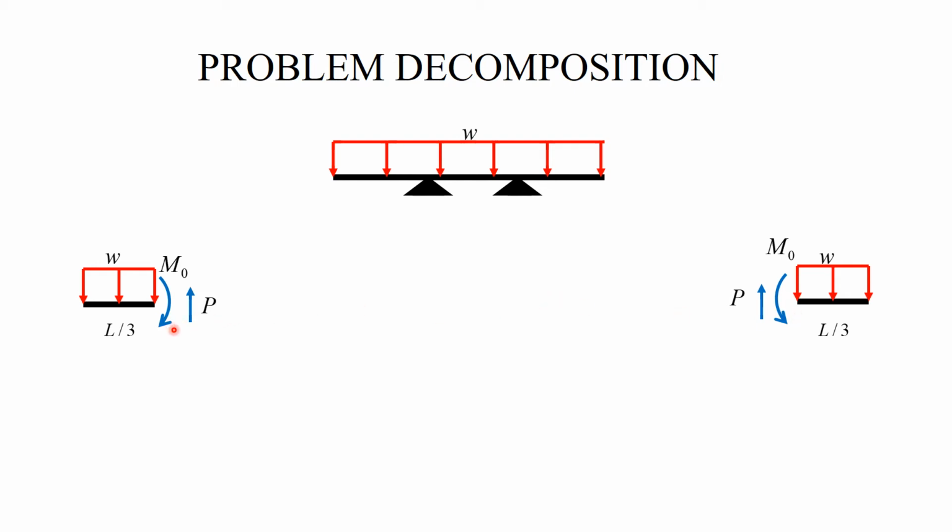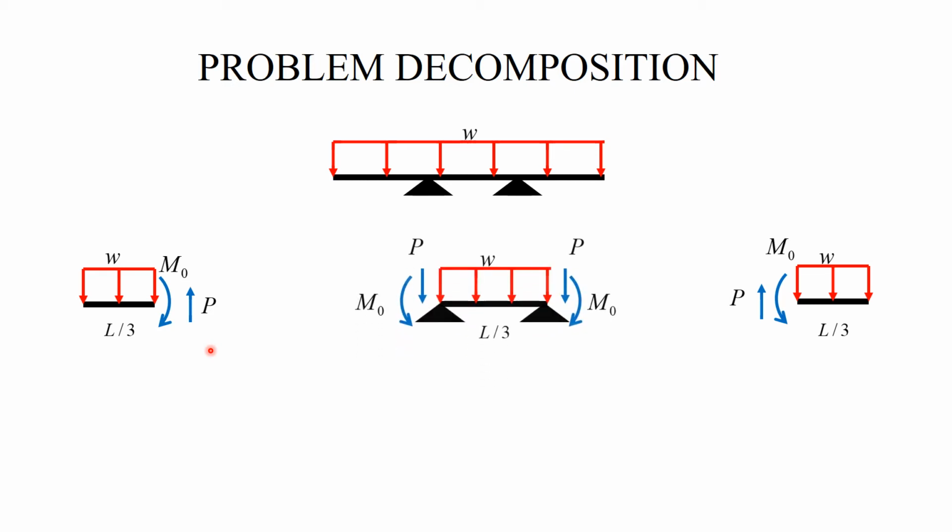And as a result of cutting, I expose the shear force and the bending moment. And of course, these forces, by the third law, apply to the midspan. And now I can see that the midspan is subjected not just to its own weight, but a pair of forces P and a pair of couples M0.